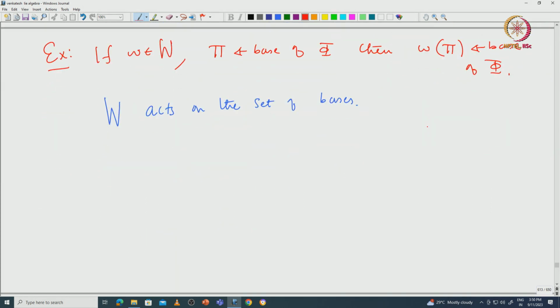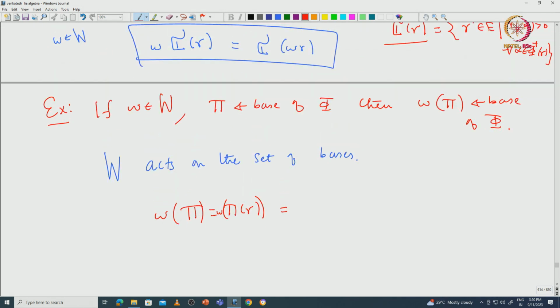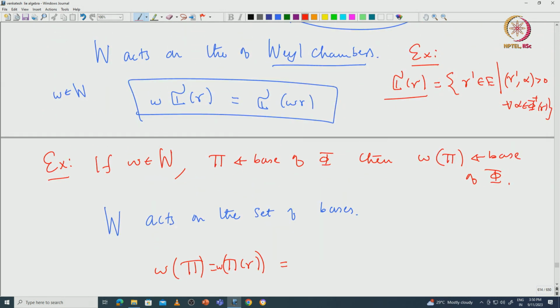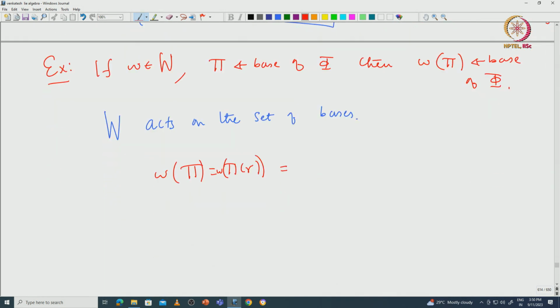Now we have also seen that if pi is pi of gamma, then applying w on pi, w of pi of gamma is again a base. It is not hard to see using the action of W on the Weyl chambers; this maybe I will leave as an exercise.